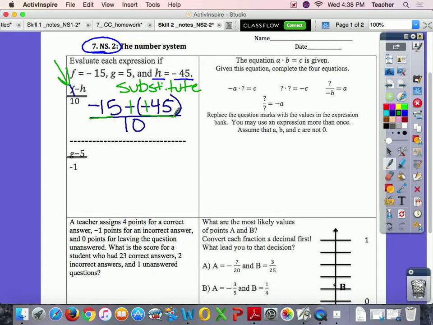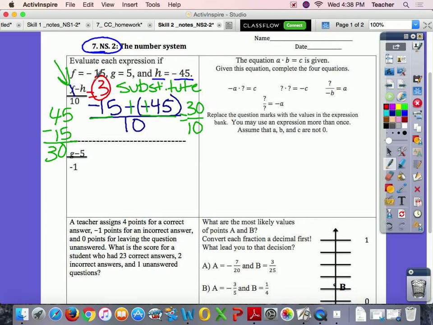What's our rule from our Math Maniac? We're going to subtract the absolute values. Great. So that's going to get us to 30 divided by 10. What is 30 divided by 10? 3. Right.